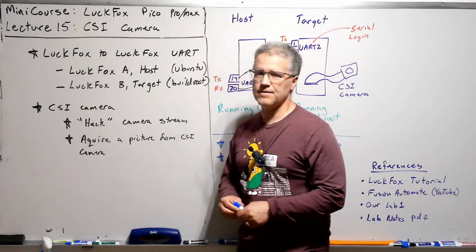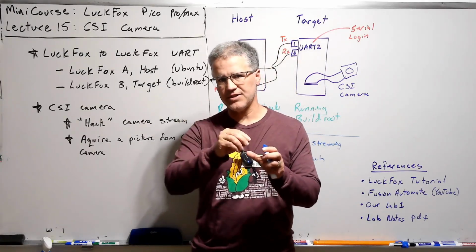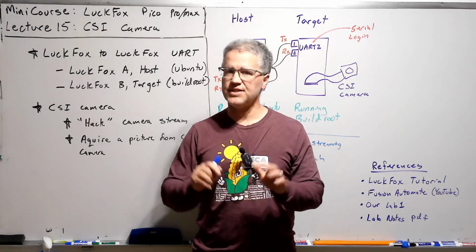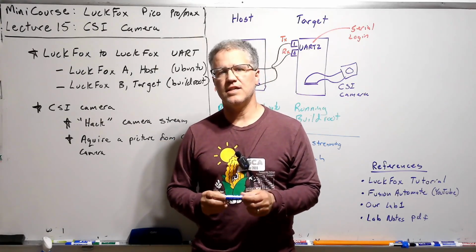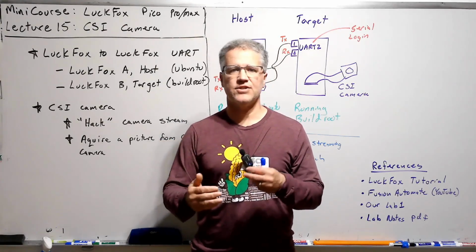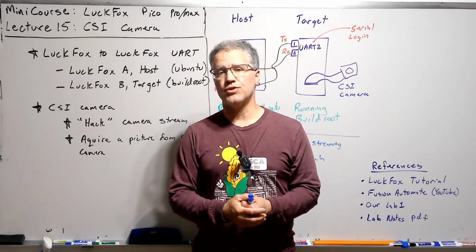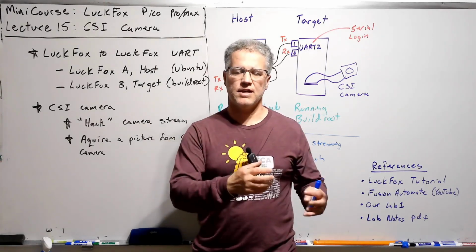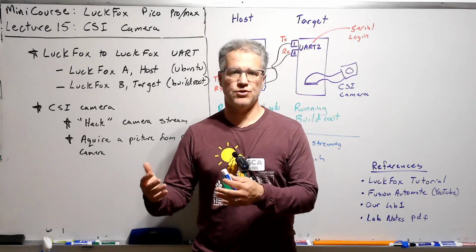But the camera must be connected directly to the board, and at least as of today, the only way to access the camera is through the Buildroot profile rather than the Ubuntu profile.